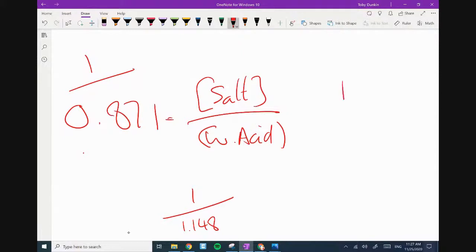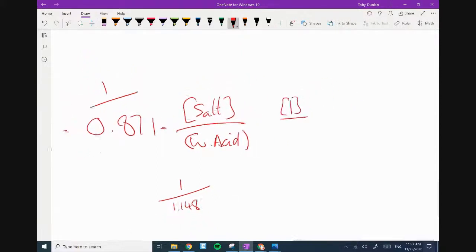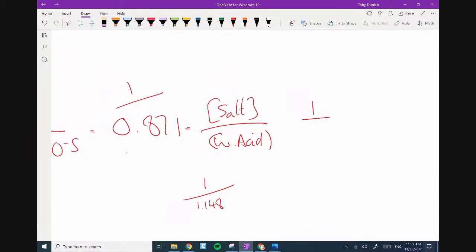So the salt is 1, and then the bottom one, concentration is that. This is just the ratio, remember, it's not really the concentrations. It's 1 to 1.148. There's my answer. There's my ratio. Yeah, it's the same number, isn't it?